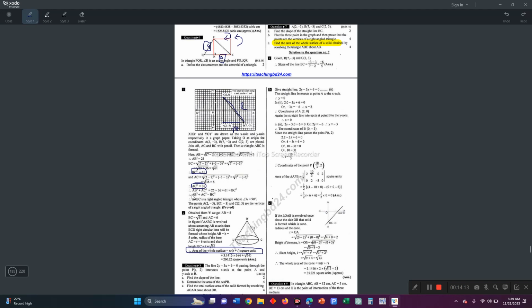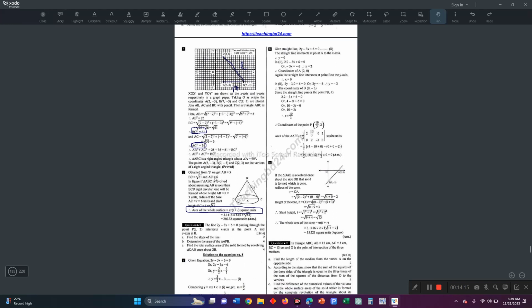What we have to do is, AB indicates the radius of the right circular cone and BC indicates the slant height, or L, of the right circular cone. That is root over 61, and radius is equal to 6.